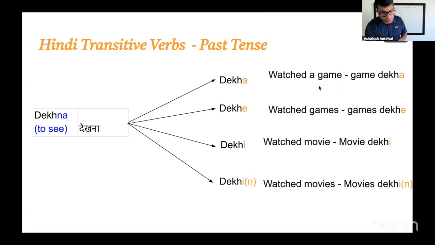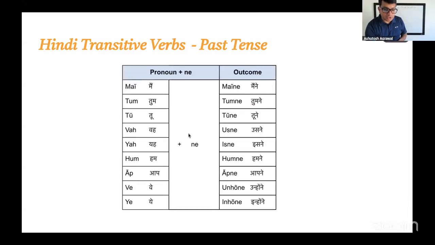Rule number two is about who is acting, the subject. Just like the previous postpositions we learned, like "chat pe" or "roof pe" or "pani mein", in the water, we have practiced a decent number of postpositions.